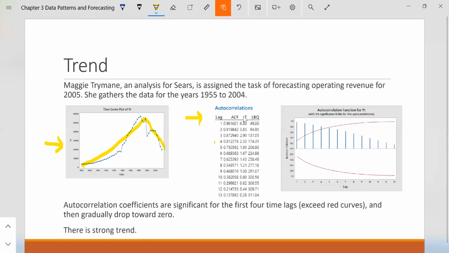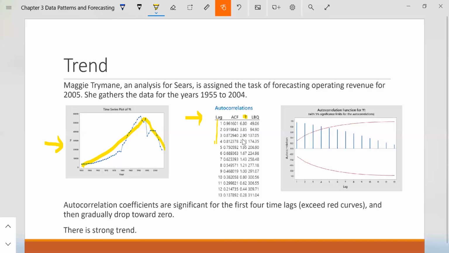Look at the T values. If we compare them with 2, for the first 4, we can definitely tell the autocorrelations are significant, meaning the current value is highly correlated with values in the past 4 periods.